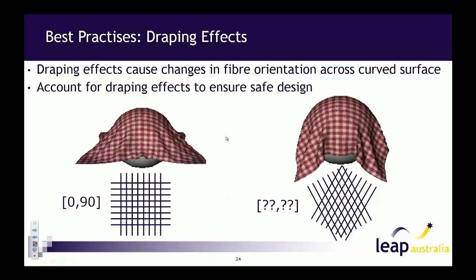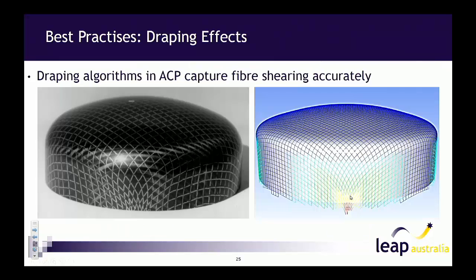So there's a lot of algorithms that are built into ACP. We specify this process of we put the material and we spread it out, and that's going to capture the realistic misalignment of the fibres. So that will then be passed through into your simulation, and you're capturing whatever performance losses are due to draping. This is a good example.